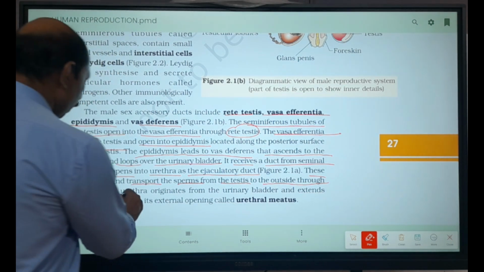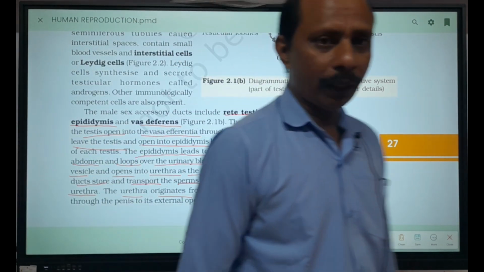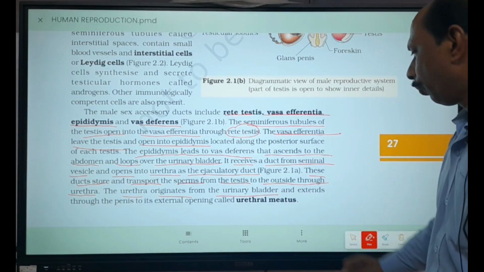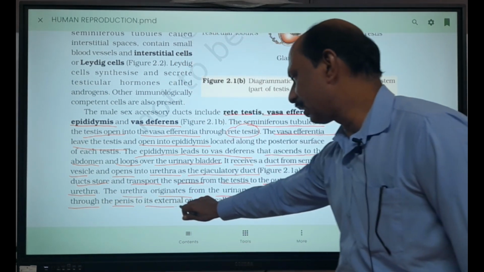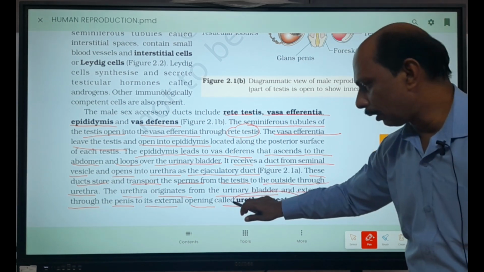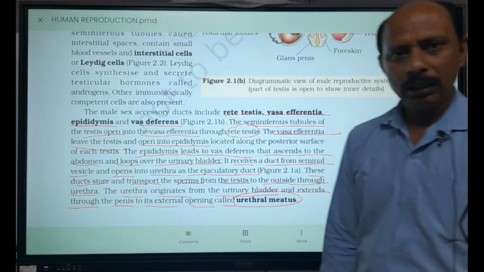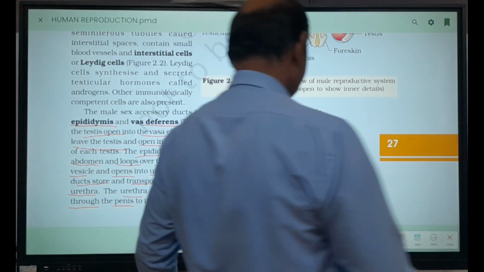The urethra originates from the urinary bladder. Urethra, we know very well. The urethra originates from the urinary bladder and extends through the penis to its external opening, and this opening is called the urethral meatus. That's all about the male reproductive system, right?